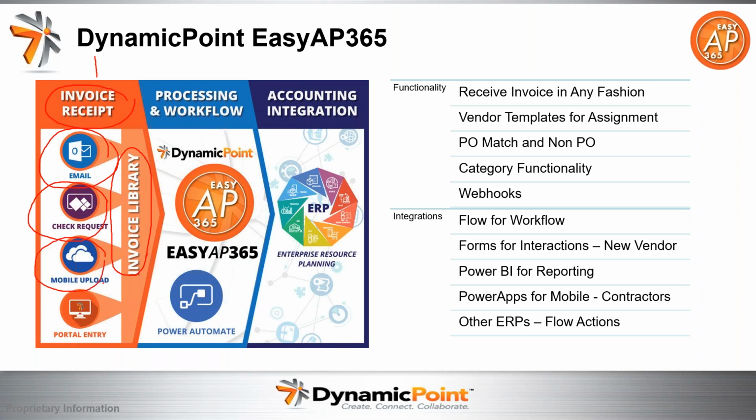They could be mobile uploads. We could have portals for entry, obviously the traditional scanning to libraries if it is received in paper, drag and drop, uploads from Teams. All of those are options on how you can capture the invoice that's ultimately coming from those vendors into your Office 365 environment. And that's really the first step in the process.